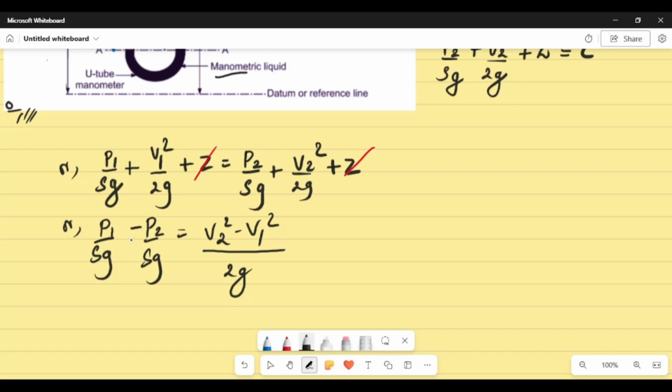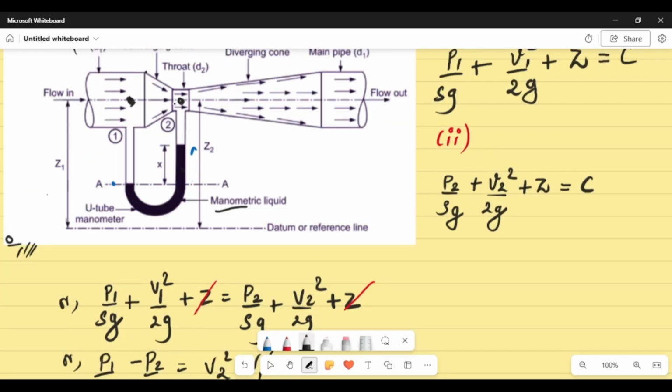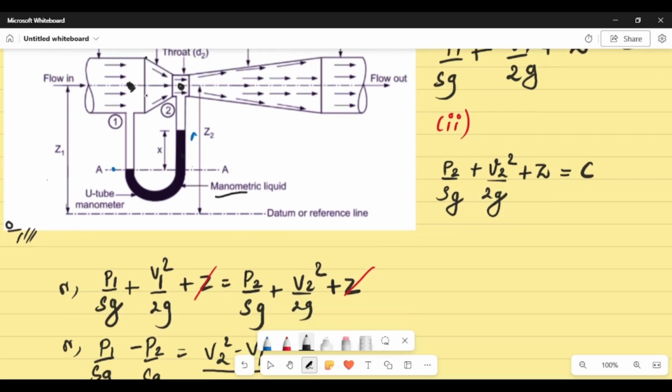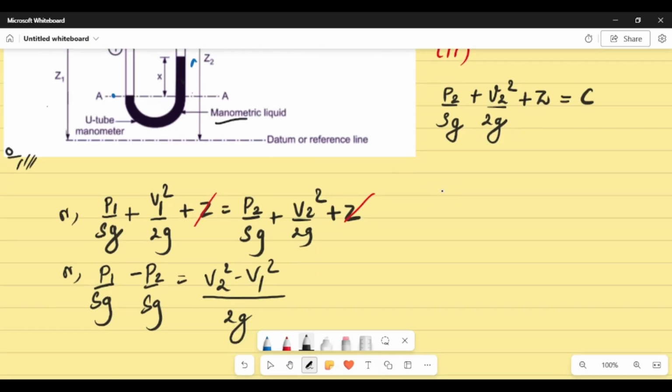So the velocity is a little bit different from what we assumed in the continuity equation, because we only used the area relationship, but it is not only related to area, but also related to pressure. All right. So now we can use the continuity equation to find the velocity over here as compared to the velocity over here.